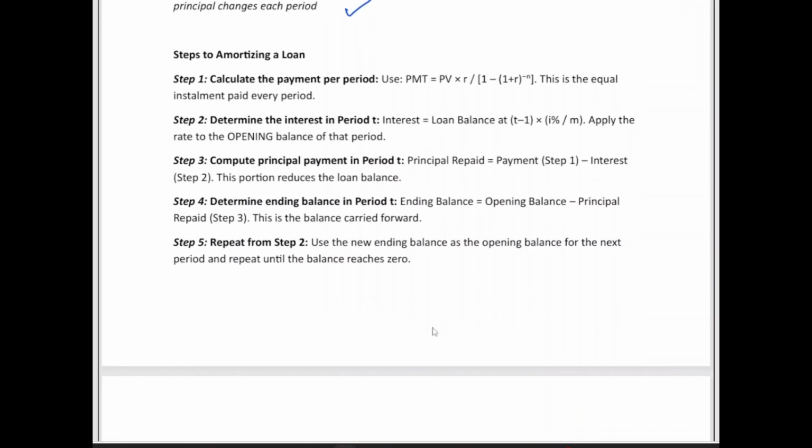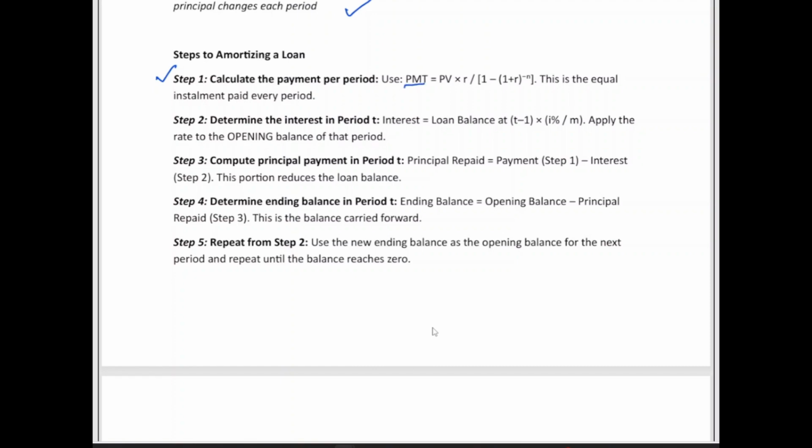So we now have the steps to amortizing a loan. The first step is that you calculate the payment per period. In this case, you are using the present value formula to get your periodic payment that should be made.